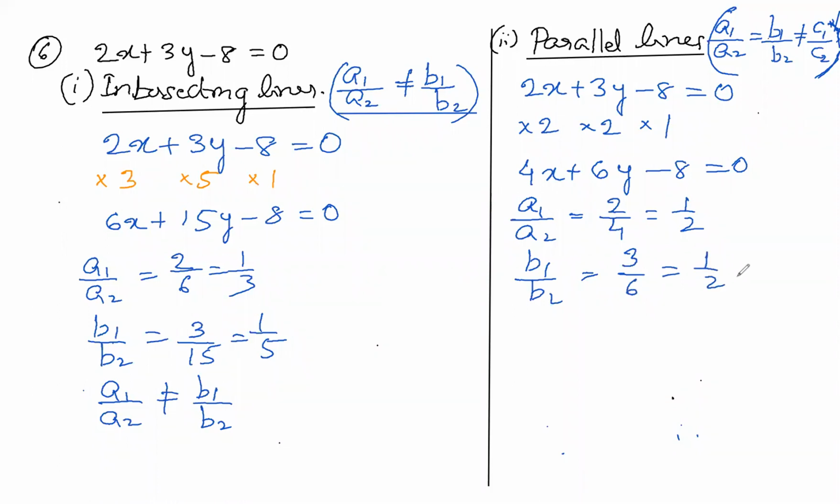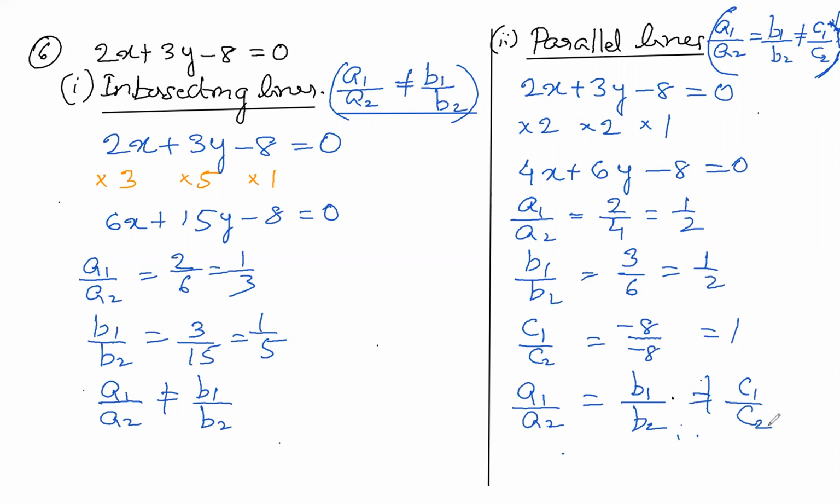See, A1 by A2 and B1 by B2 are equal. But C1 by C2 is not equal: minus 8 by minus 8, that is 1. So we got A1 by A2 equal to B1 by B2, which is not equal to C1 by C2.